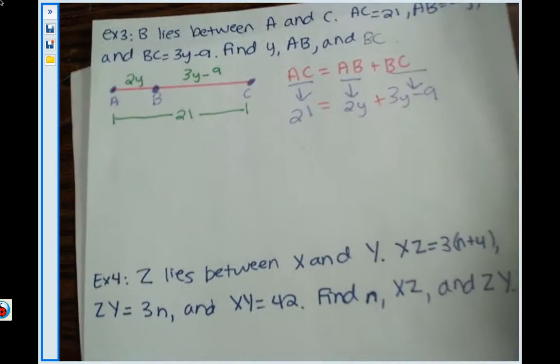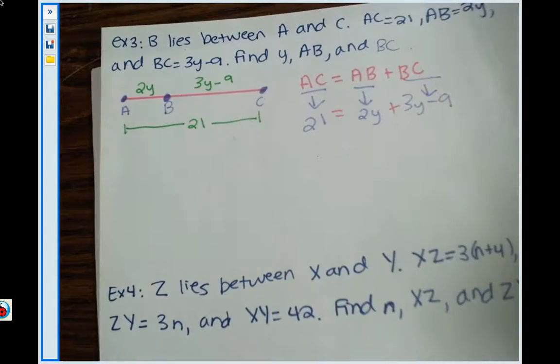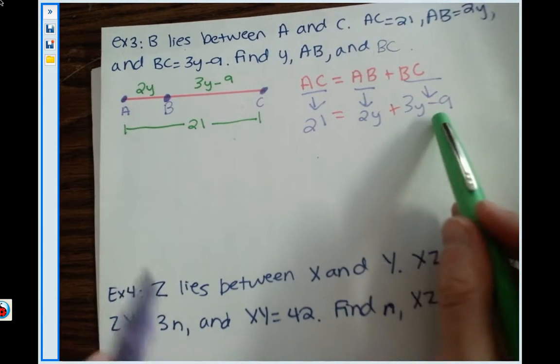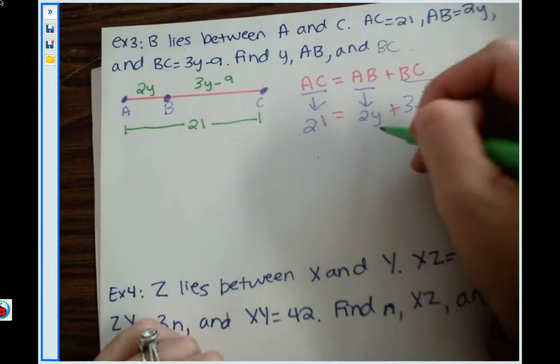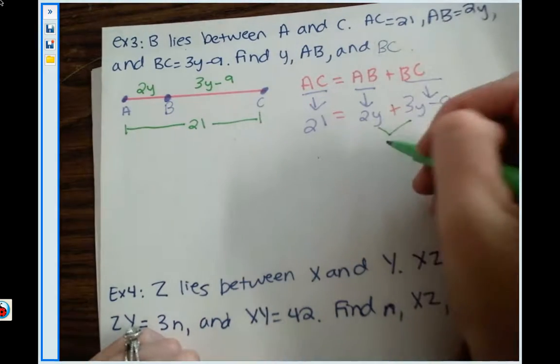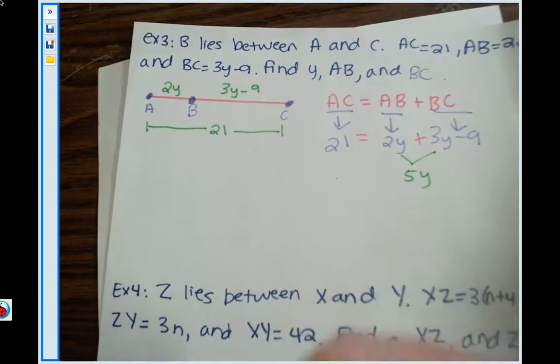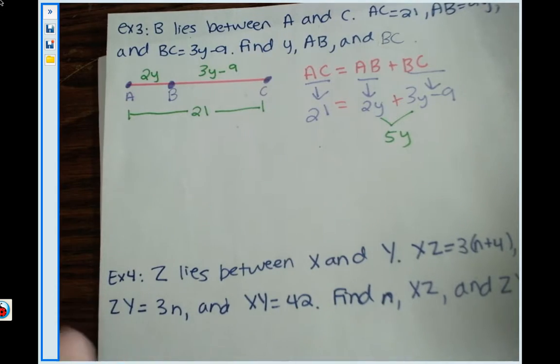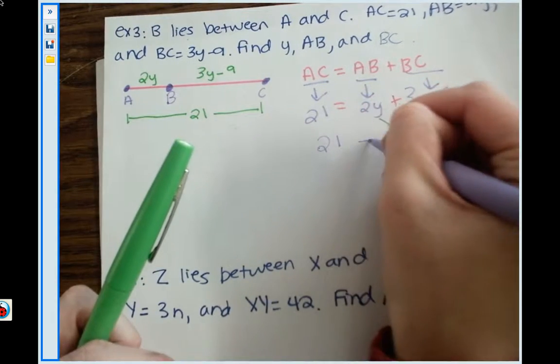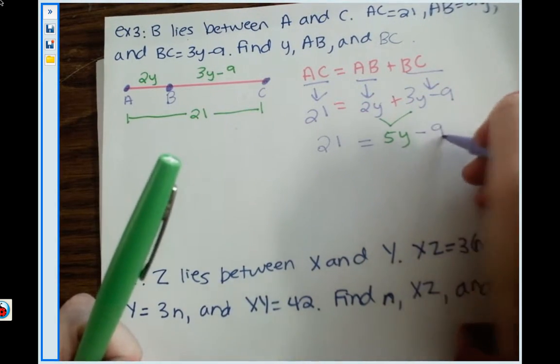Now let's start solving for y, which will help me find all this other information. I need to combine my like terms on this side. The only like terms I see are the 2y and 3y, which give me 5y. So this is going to end up being 21 equals 5y minus 9.